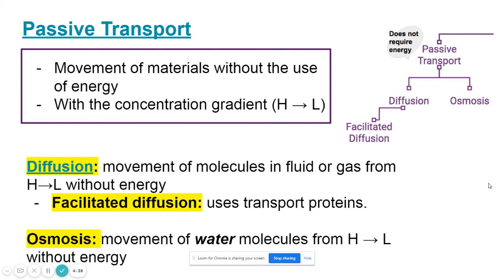So osmosis is the movement of water molecules from an area of high to low concentration. So notice that in both diffusion and osmosis, these particles are being moved with the concentration gradient from an area of high to low concentration without the need of any energy involved. The only difference is that with diffusion, we are moving gas or dissolved particles, okay? And in osmosis, we are moving water particles specifically.